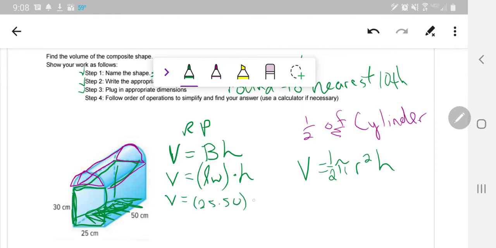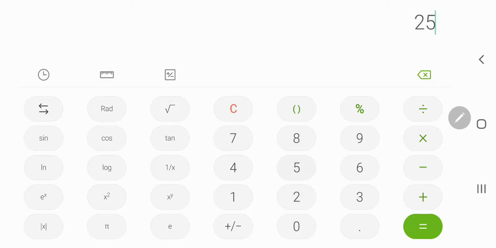Then we extend that base to a height of 30. So that's going to give us 25 times 50 times 30, which gives us 37,500.